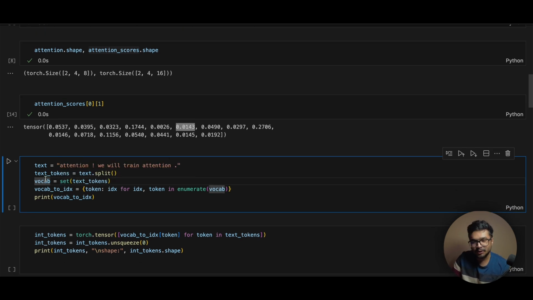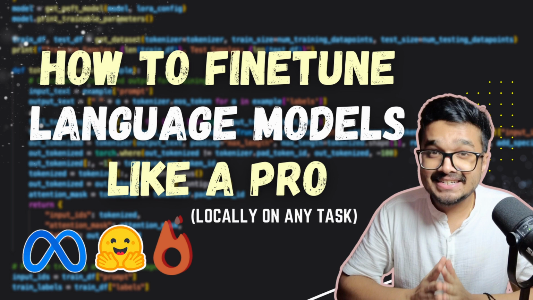As usual with all types of NLP tasks, we first want to split this text into individual tokens. Now modern large language models use something called a subword tokenizer, where you can split up words into smaller subwords and then use those subwords to represent a sequence. I have talked about this in my fine-tuned Llama video, so if you want to check that out, please do.